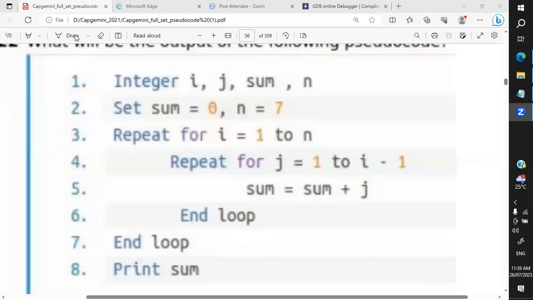Few of you got 28 already. Others also make it fast. Please try. It's a bit lengthy, but by understanding two or three iterations, you can easily understand. Just do two or three iterations and you will understand what is happening.